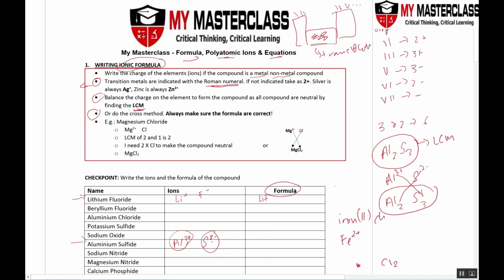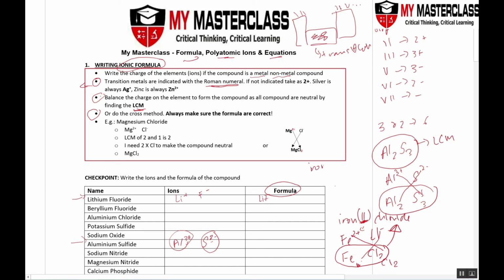If you do the cross method, you bring down the symbol, bring down your 2, and the 1 has no need to be written. So the formula for iron(II) chloride will be FeCl2.